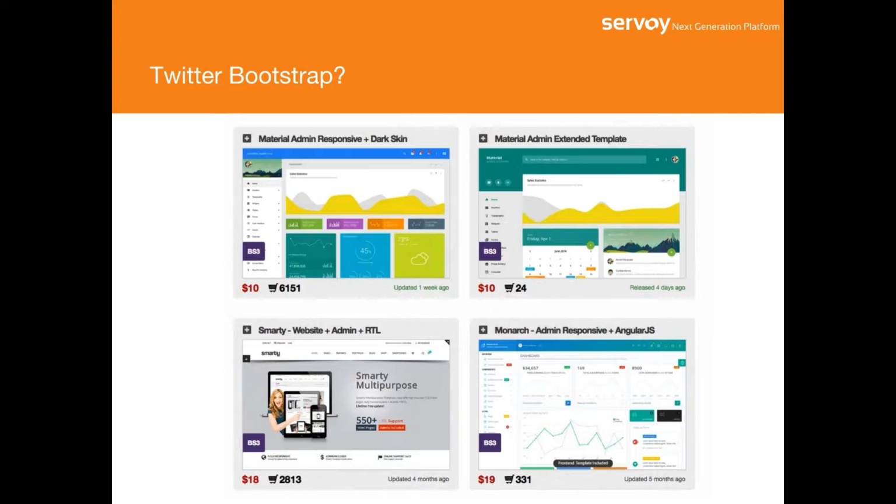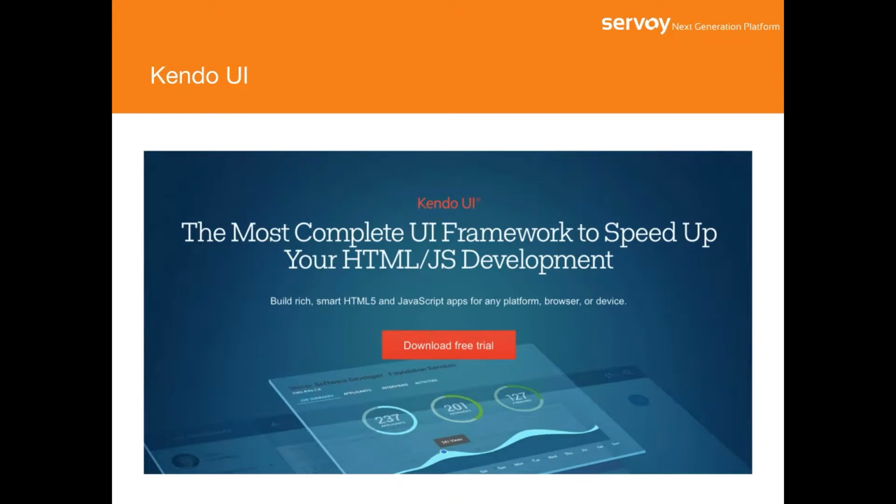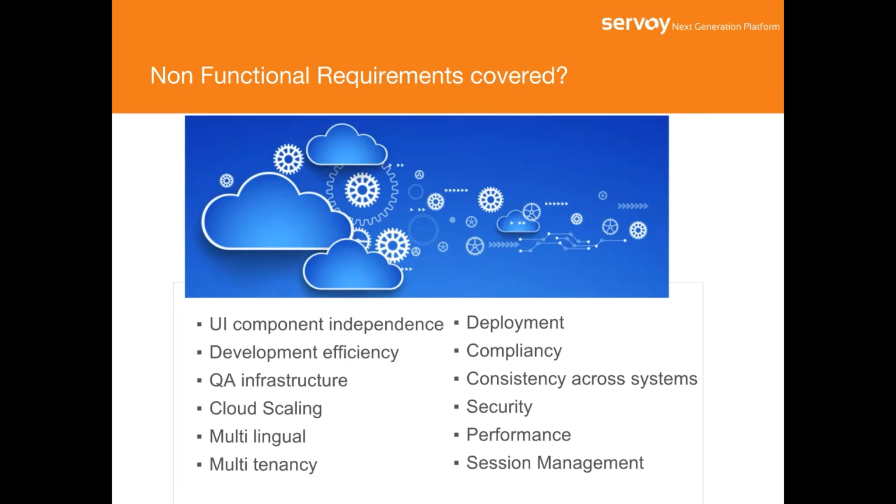Twitter Bootstrap, very popular, loads of examples and loads of free and paid ones, as you can see in this slide, $10 for a complete set of UI components, from graphs to calendar components to email components, very, very advanced components for just a very low price. And obviously, we all know, being in the Progress world, Kendo UI, a very complete and advanced framework to do HTML5 UI development. But let's take a step back.